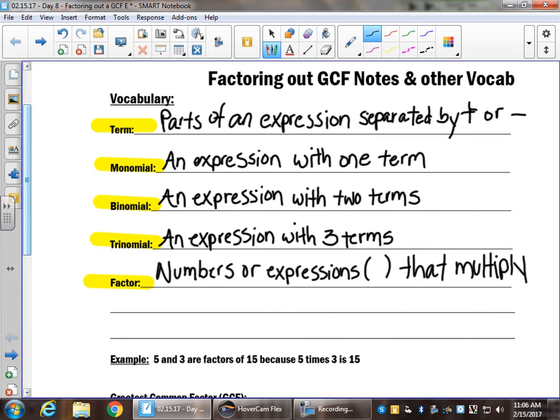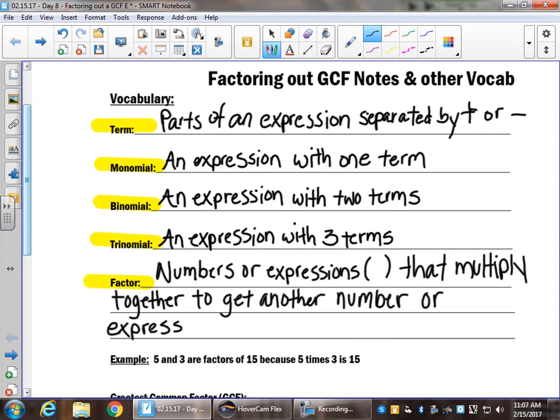I can't reach the highlighter, so highlight multiply together to get another number or expression. And I'll move so you guys can get all that down.